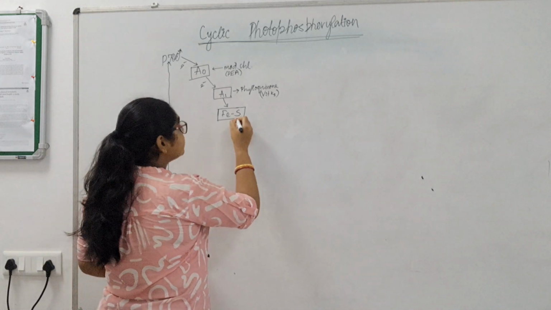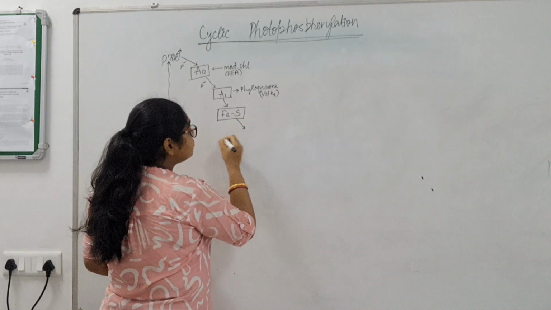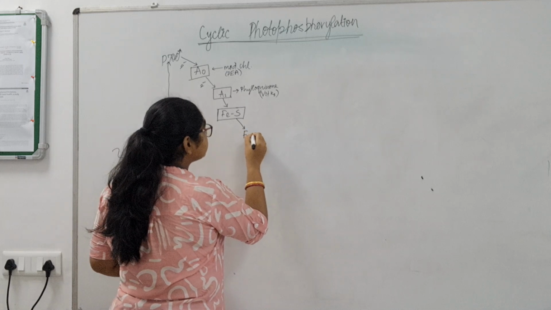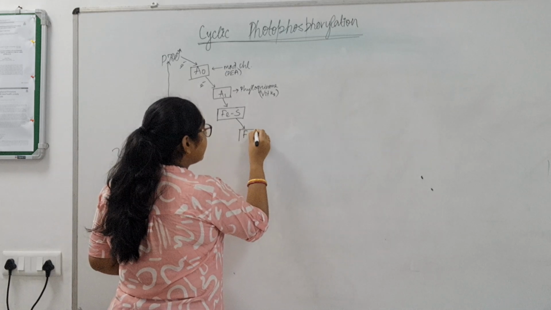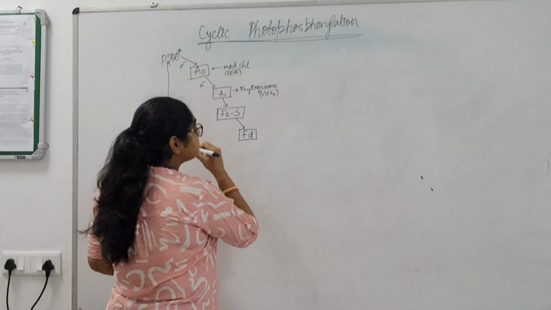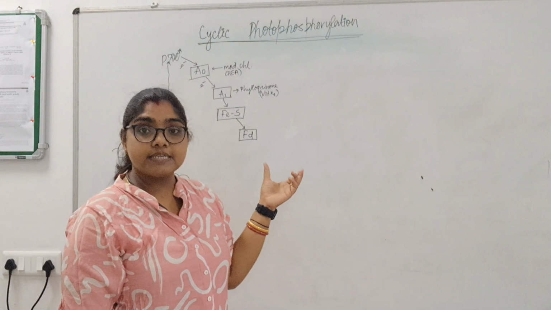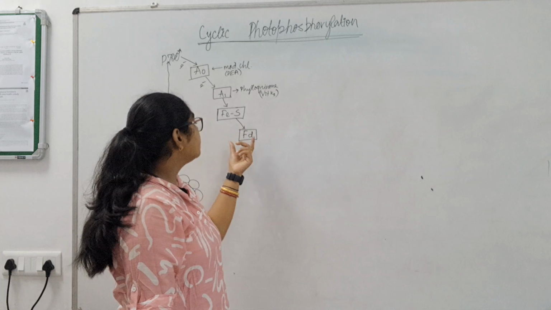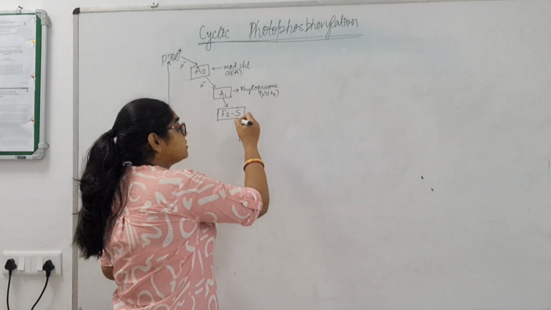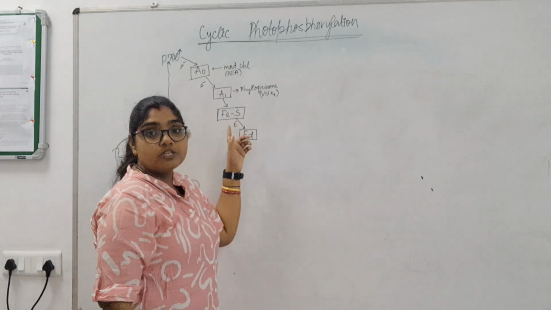From the reaction center, it will transfer the electron to ferredoxin. Ferredoxin is a water soluble small iron sulfur protein complex which absorbs this electron from the reaction center.